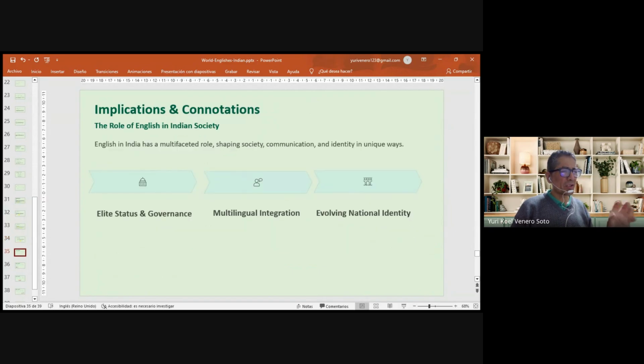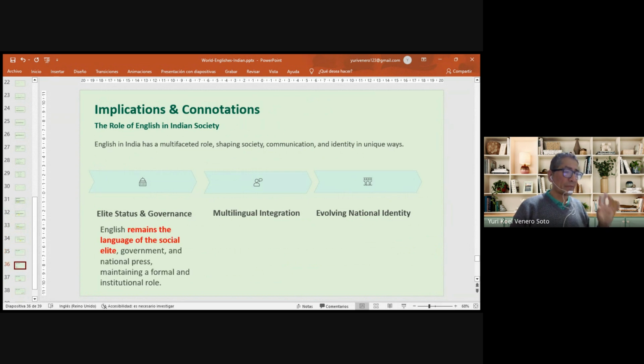Well, implications and connotations. Let's see: elite status and governance, multilingual integration, evolving national identity. In elite status and governance, English remains the language of the social elite. Government, national press, and education maintain English.